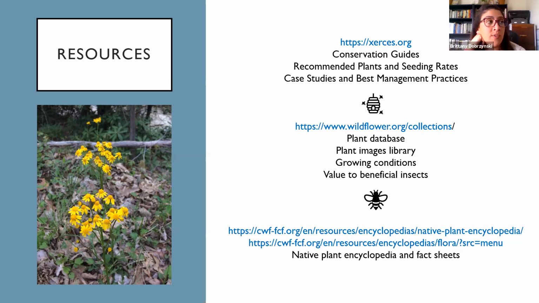I use a source called Ernst Conservation Seed that's based out of Pennsylvania, and they have all kinds of resources on their website where they actually have seeds per ounce or pound written out.